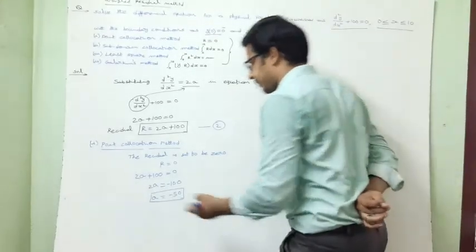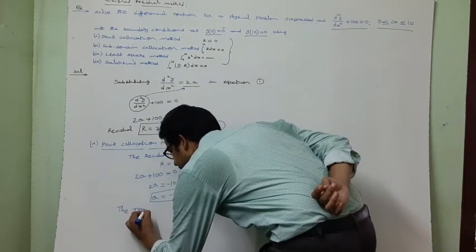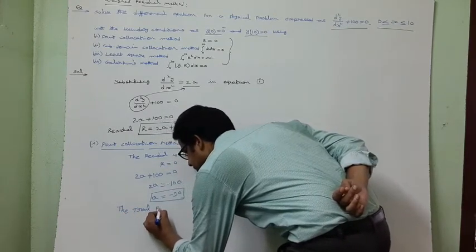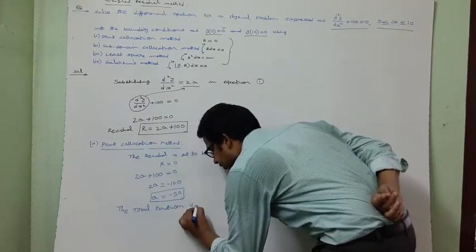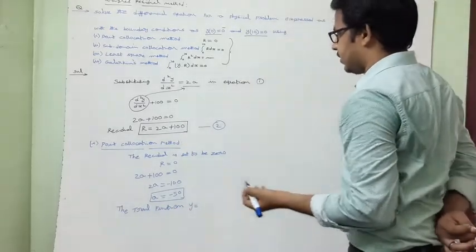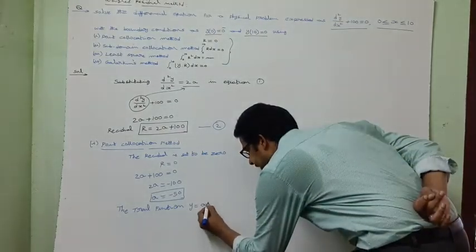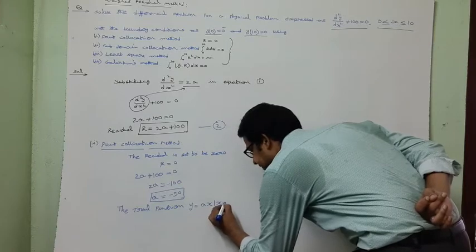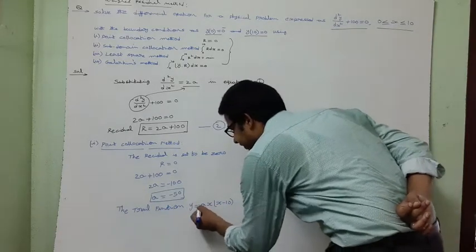The trial function y is equal to a into x minus 10. So here what is the a value? Minus 50.